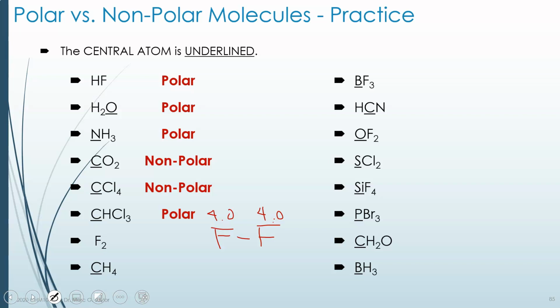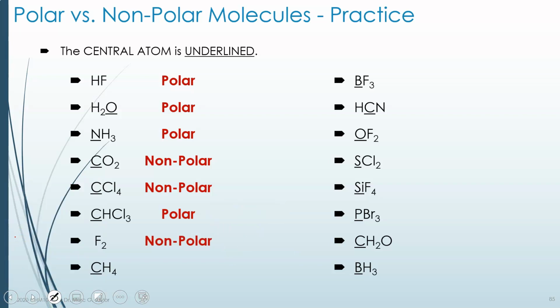Don't switch between periodic tables. So they're both pulling very much towards themselves, but of course that cancels completely. So this has no dipole. The difference in electronegativity here is exactly 0, and therefore, while both atoms are extremely electronegative, the whole molecule is nonpolar.